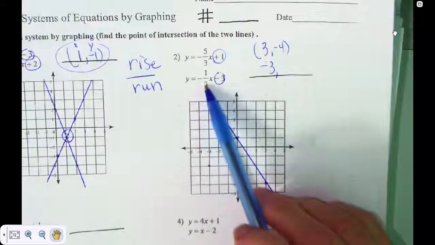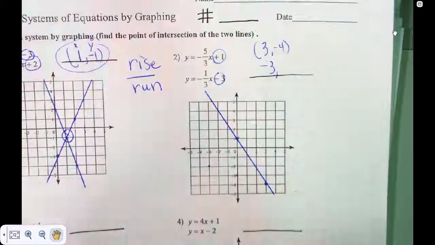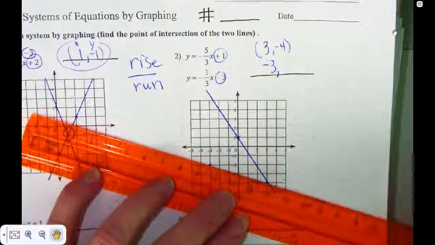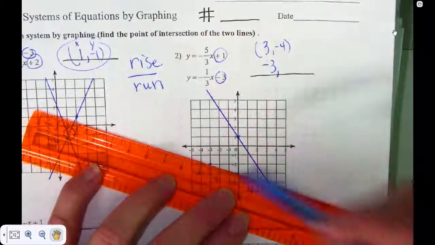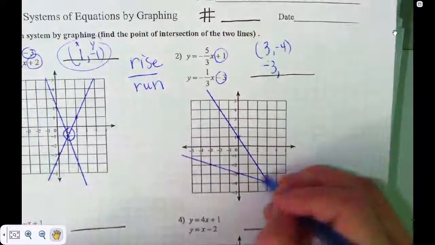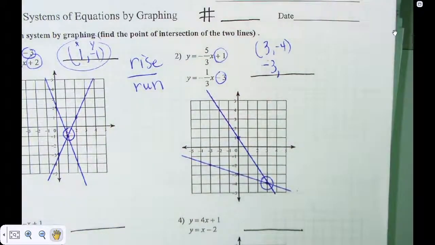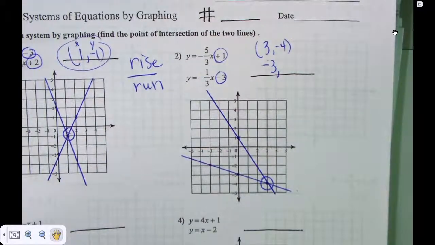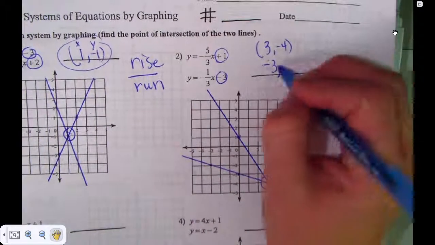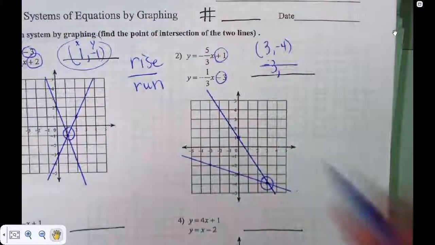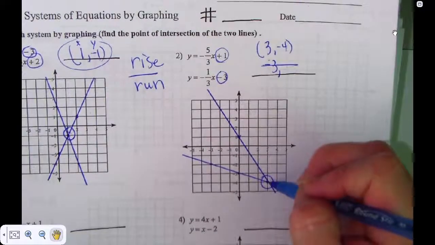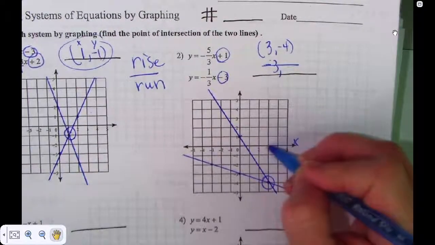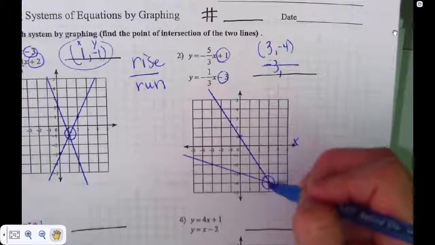But guys, the slope is negative on both of them, so I know both lines have to come down. They have to, because the slope is negative. There's my solution. Uh-oh. Who said negative 3? Goodness gracious, don't tell me. I don't want to know. That's (3, -4). You go on the x road first. (3, -4).